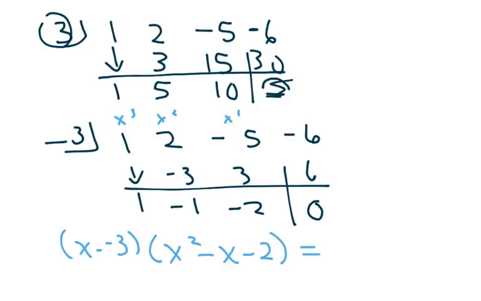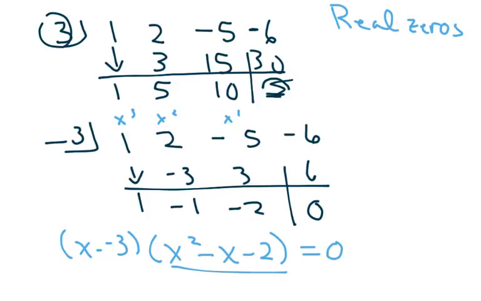Now I have to factor completely if I can. If I can't factor this, then we're talking about real zeros. We want real zeros. We do not want complex zeros. That means we don't want i's.